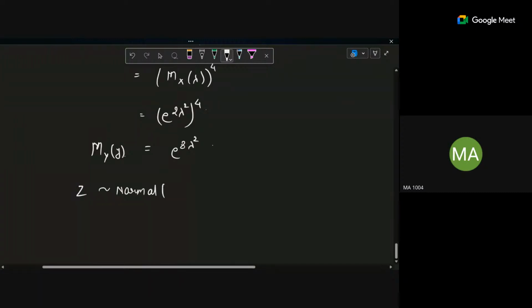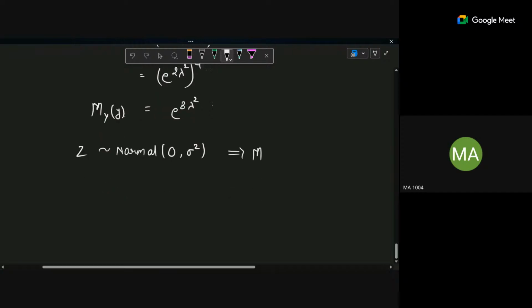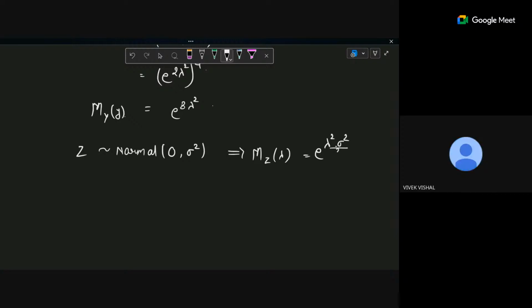If z is following a normal distribution with mean 0 and variance sigma square, then what will be its moment generating function? E to the power lambda square into sigma square by 2.